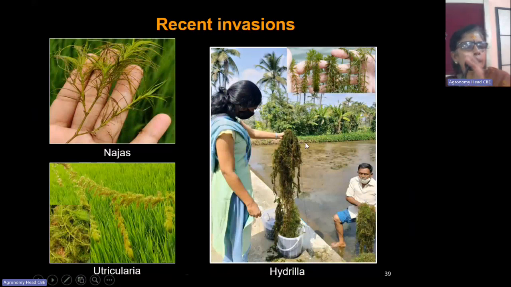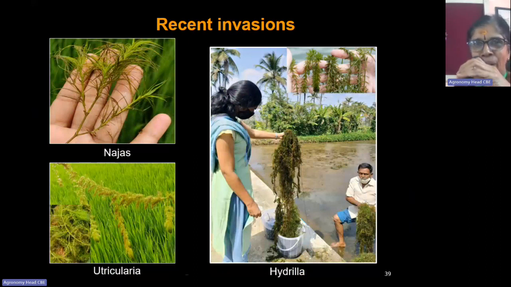See, these are some of the recent innovations that we are concentrating on. We are managing this group of weeds, that is aquatic weeds, because in Kerala, you know, we are blessed with a lot of aquatic bodies, and along with that, blessed with such weeds also.